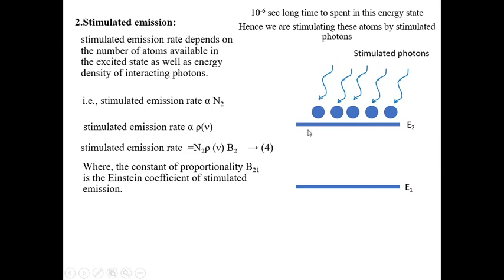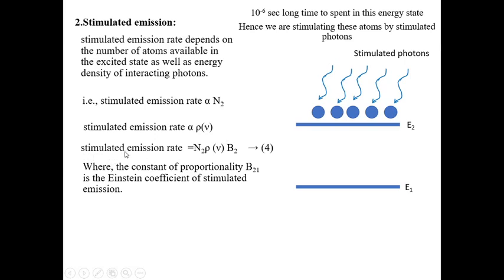And that also depends on the stimulated photon number. So if more stimulated photons are there, more particles will come to ground state. That is why we can say the stimulated emission also depends on the density of stimulated photons. This is called density of stimulated photons. That is also rho of nu.